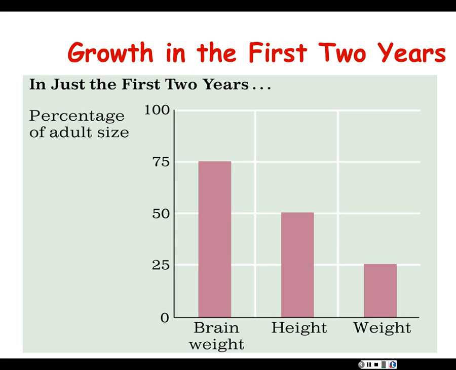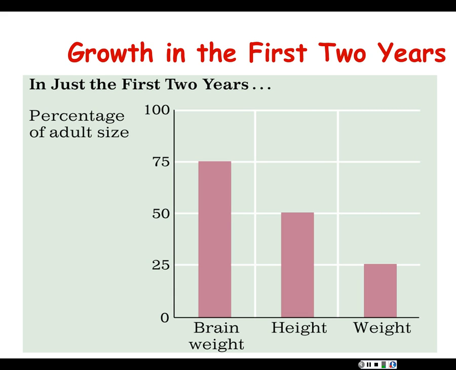Okay, now you look at their brain weight. Still we're growing in a cephalocaudal pattern. If you're only half your height, a quarter of your weight, but your brain weight is at 75% at 2 years old, you can see how this is still really disproportionate, with this big-headed child toddling around.